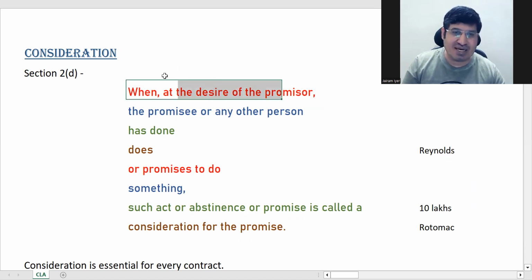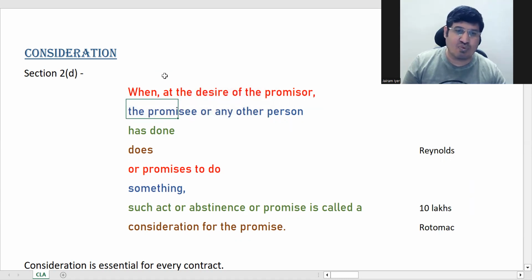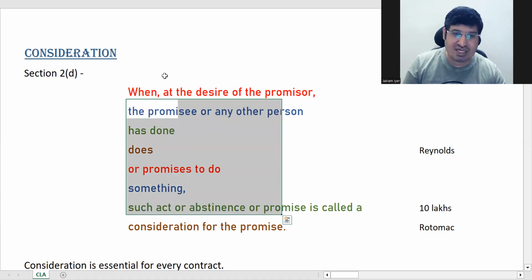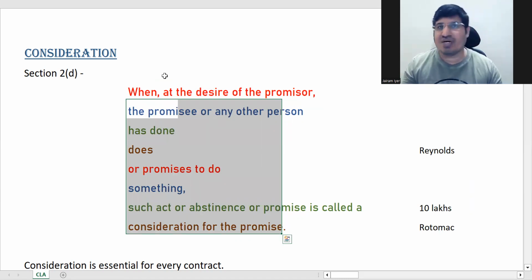So the definition basically talks about what the promisee is going to do. That is called his consideration for the promise. Similarly, the promisor will also have a consideration.